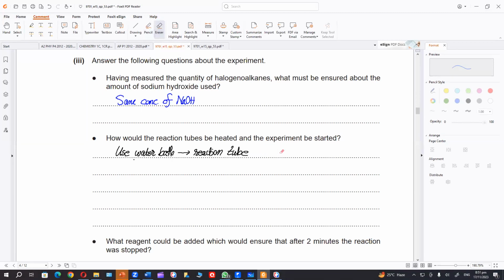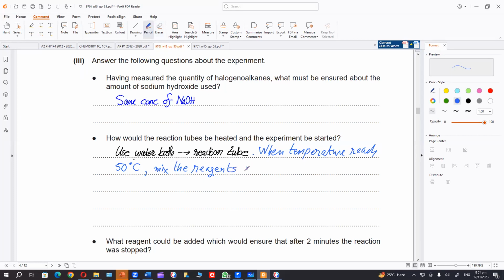It's like a thermostat apparatus. When the temperature reaches 50 degrees, start the timer quickly.